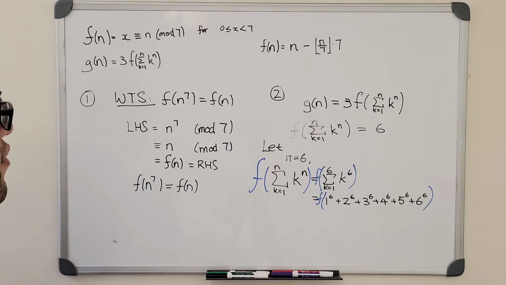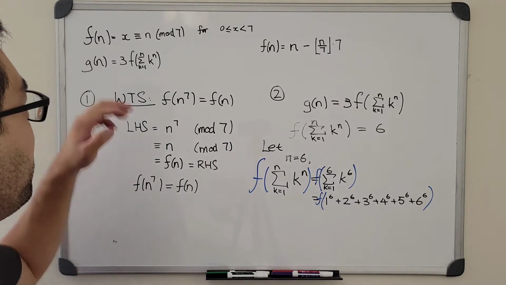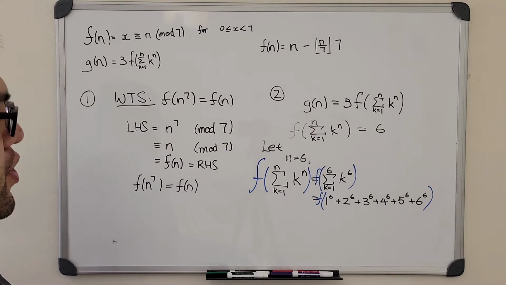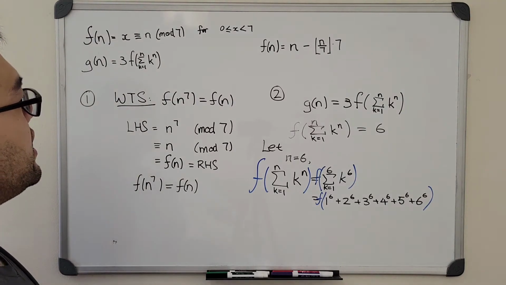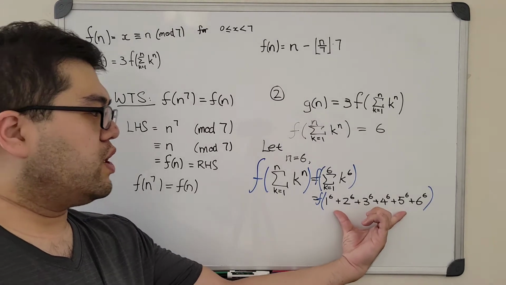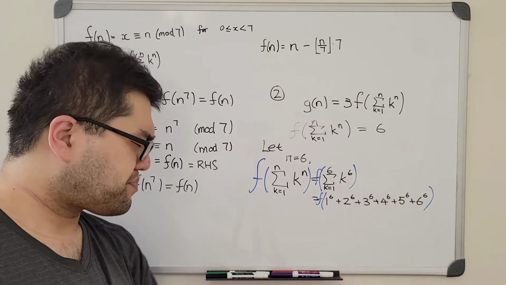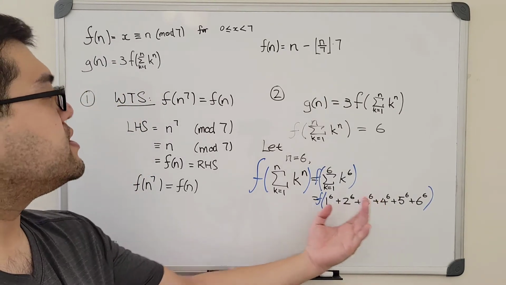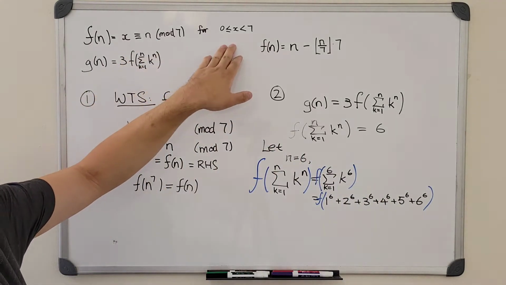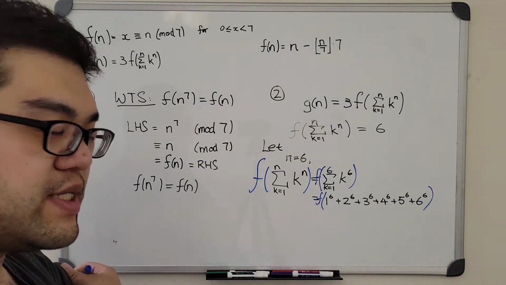Again, that's because of how we define the function f of n. In fact, it means that it doesn't matter what we have inside of the input. We always need to reduce it down to something between 0 and 6 by dividing by 7.